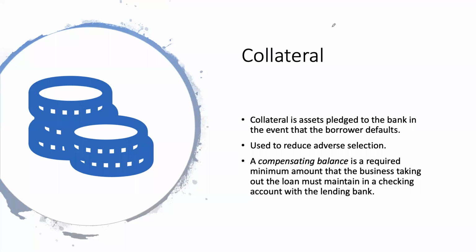Yeah. So another way that banks manage their credit risk is through the use of collateral, right? Collateral is some assets that you own that you pledge to the bank. In case of default on the loan, the bank can take over this collateral, liquidate it, and get their money back. A typical example is the mortgage.